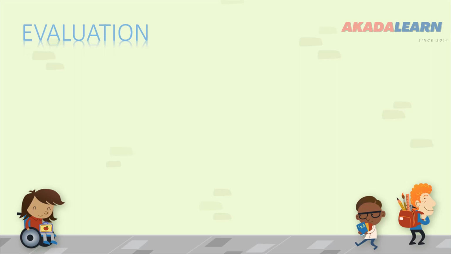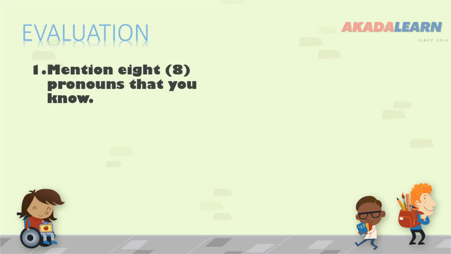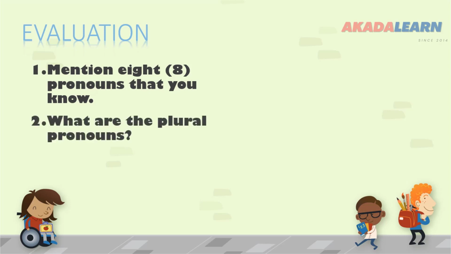Alright, we've come to the end of this video. Number one, mention eight pronouns that you know. That should be very simple, right? Number two, what are the plural pronouns that we use for more than one person, place, or thing?